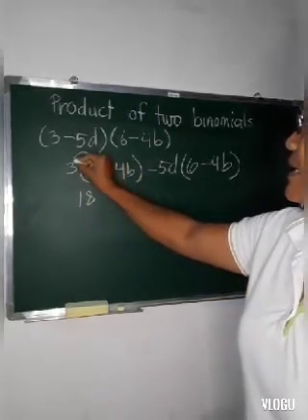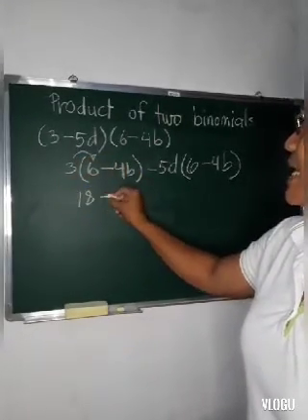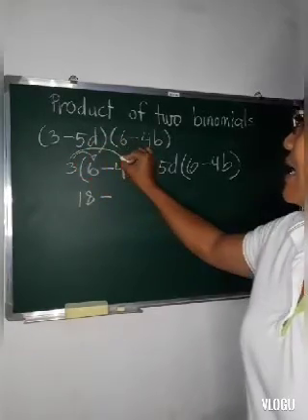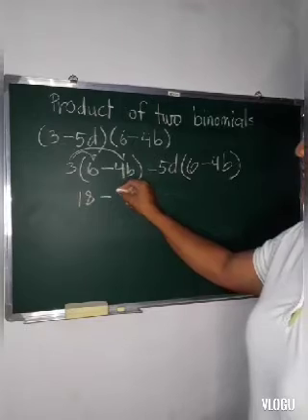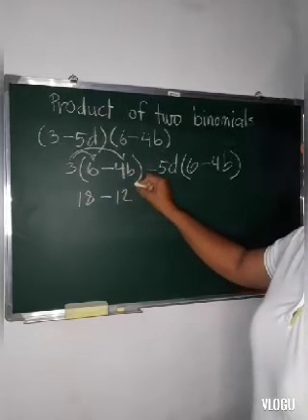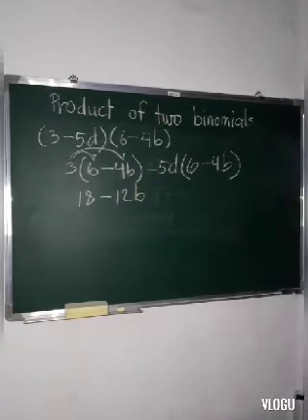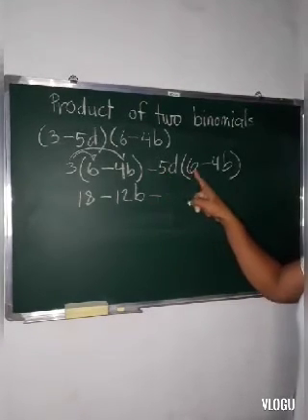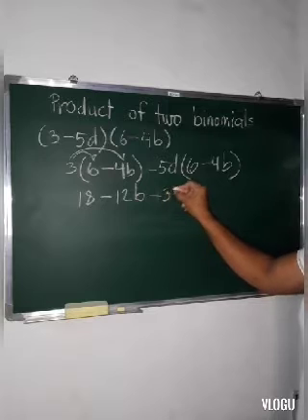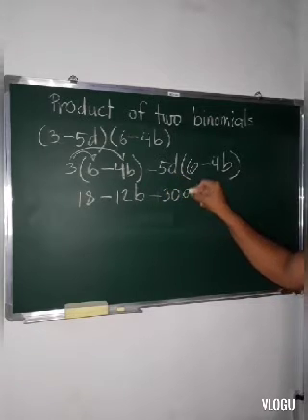Next, positive times negative is negative, and then 3 times 4b. So 4 times 3 is 12, and then copy b. Next, negative times positive is negative. 5 times 6 is 30, and then copy d.